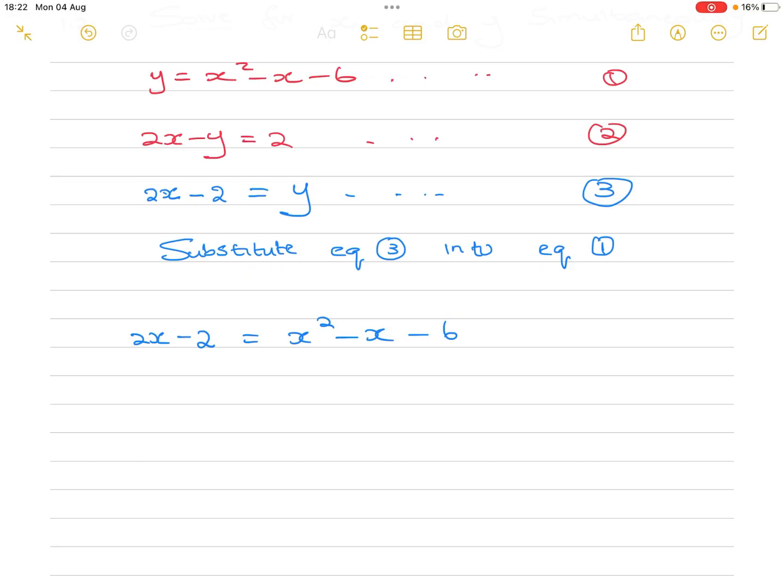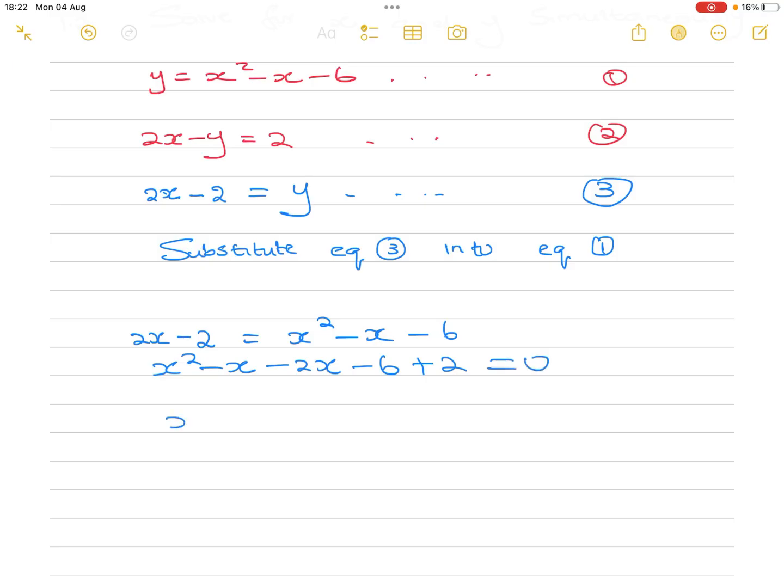I want to write this as a quadratic equation. So taking this one to the other side, I will end up with x squared minus x, 2x to the other side minus 2x, minus 2 to the other side minus 6 plus 2 is equal to 0.